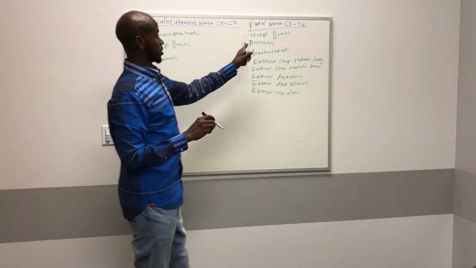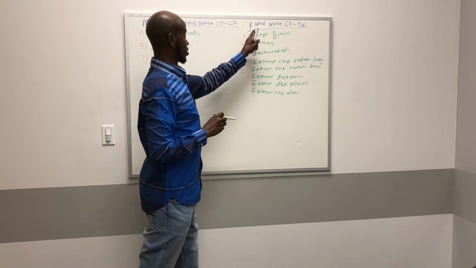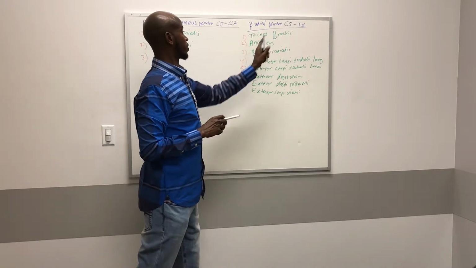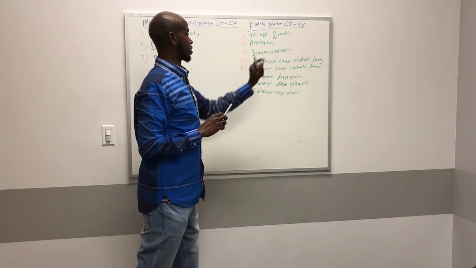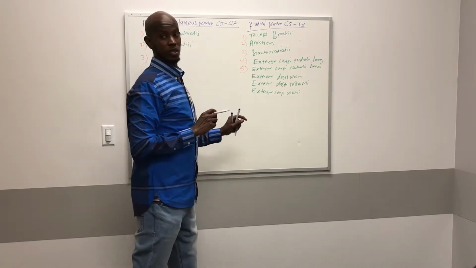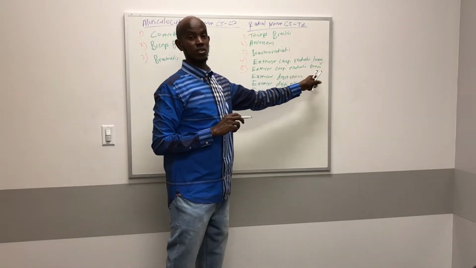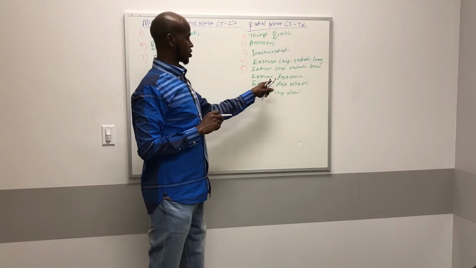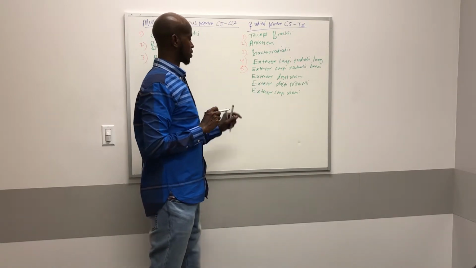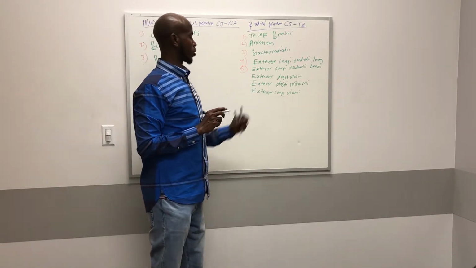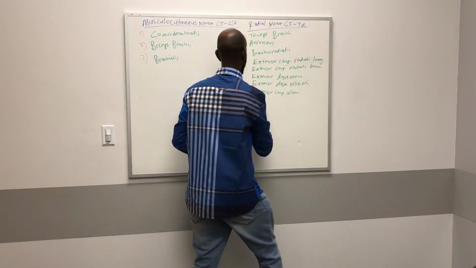The radial nerve supplies triceps brachii and anconeus, brachioradialis, extensor carpi radialis longus, extensor carpi radialis brevis, extensor digitorum, extensor digiti minimi, extensor carpi ulnaris, supinator.